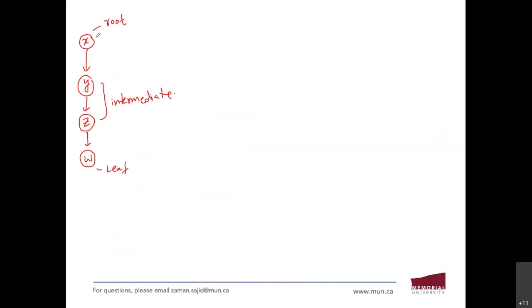How do we do that? Let's suppose I assign P of X1 is equal to 0.4.